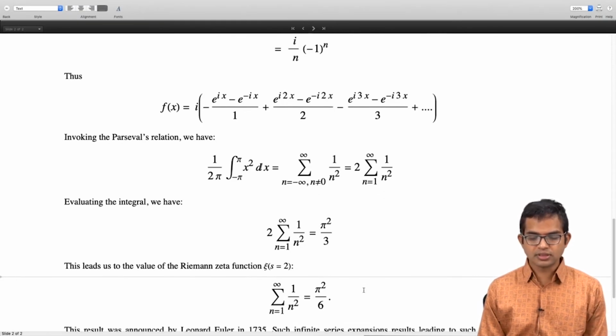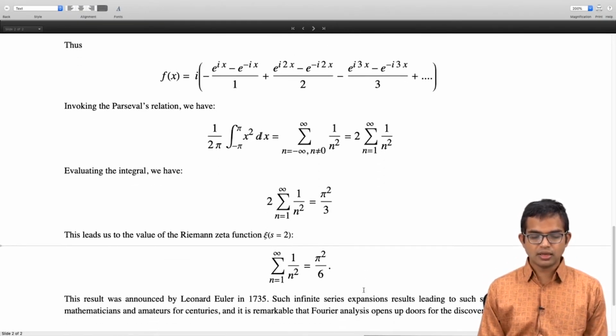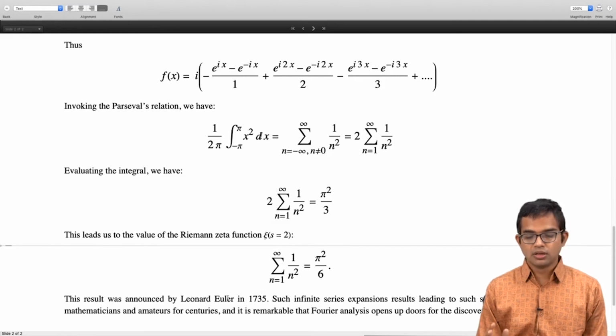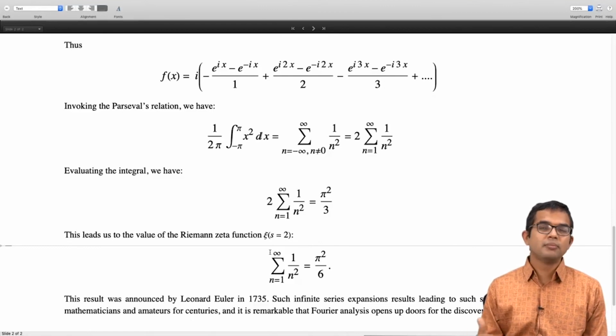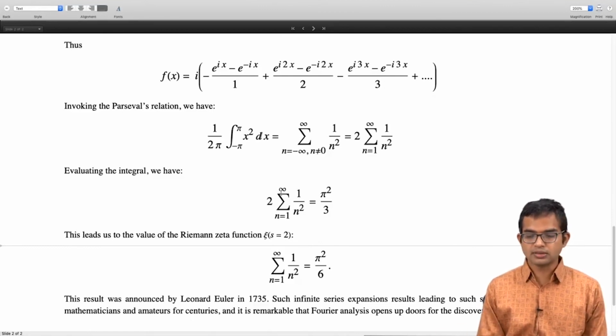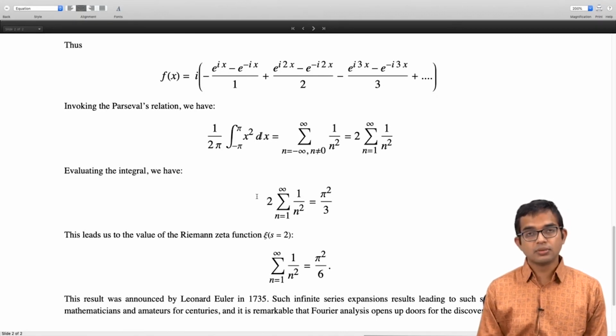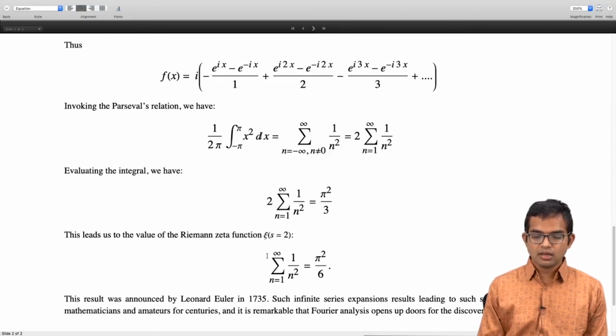It was first discovered and advertised by Leonhard Euler in 1735. He used other methods, and there are plenty of different ways of obtaining this. We have managed to get this using Parseval's relation within Fourier series analysis. There are many independent ways of doing this, some more elementary, but this is a beautiful result.